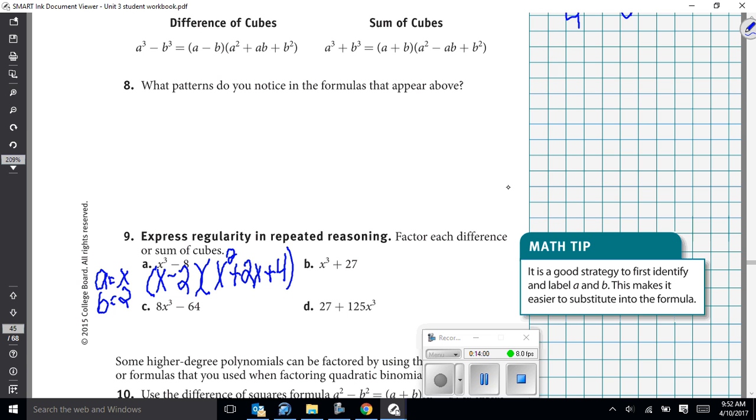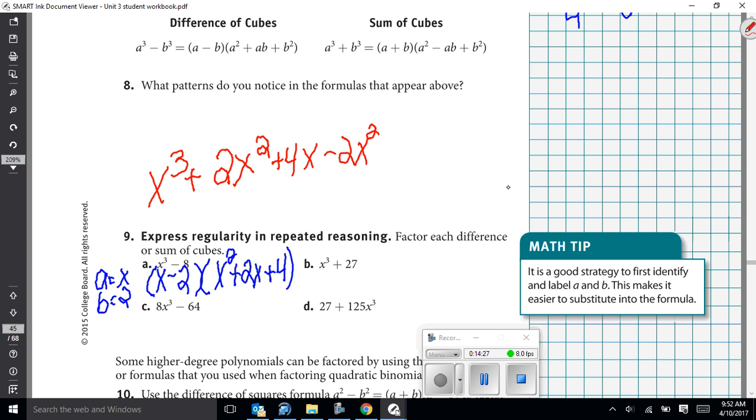So then to check it, x times x squared is x cubed. X times 2x is 2x squared. x times 4 is 4x. Negative 2 times x squared.